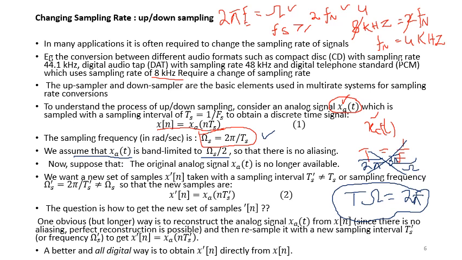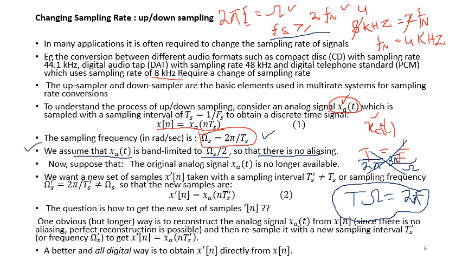That means it is satisfying the Nyquist criteria, that the maximum frequency it contains is at most half of the sampling frequency. So you understand that when the maximum frequency in any signal is less than half of the sampling frequency, then there will be no aliasing.